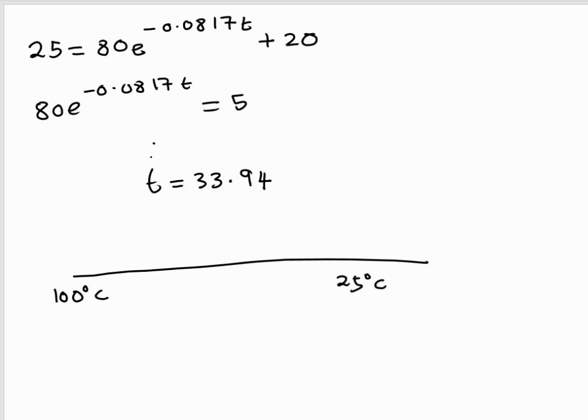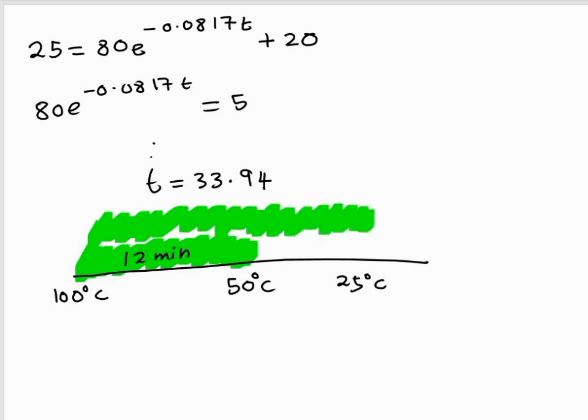What we want is the time for the object to cool from 50 degrees Celsius to 25 degrees Celsius. So what we have to do is subtract the values. We know that the time taken for the object to cool from 100 to 50 is 12 minutes. And we know that the time taken for the object to cool from 100 to 25 degrees Celsius is 33.94.